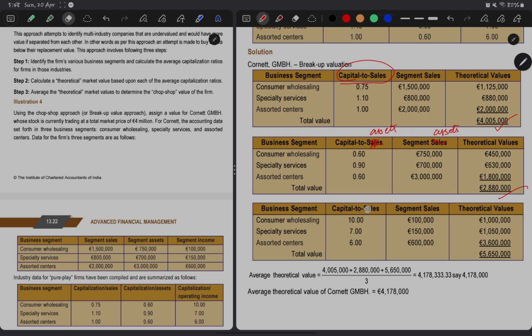And the third one is capital to operating income, multiplied with operating income, giving 56 lakh 50,000. Totaling it and then dividing by the number of segments, which is 3, we arrive at a value of 41 lakh 78,000, which is the average theoretical value of the firm Cornet GmbH. Thank you.